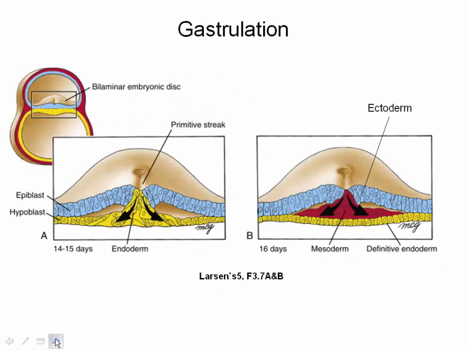We return to a cross-sectional view of the embryo to discuss the process of gastrulation. Let's first look at the picture on the left. During gastrulation, cells of the epiblast proliferate and migrate toward the primitive streak. Here, they detach from the epiblast, slip beneath it through the primitive groove and pit, and spread laterally and cranially.